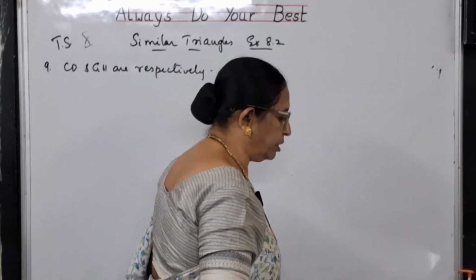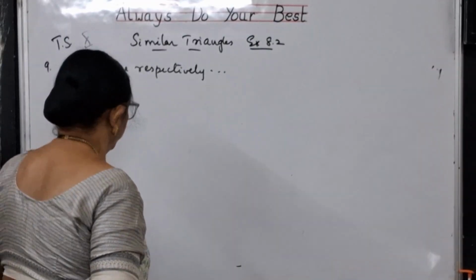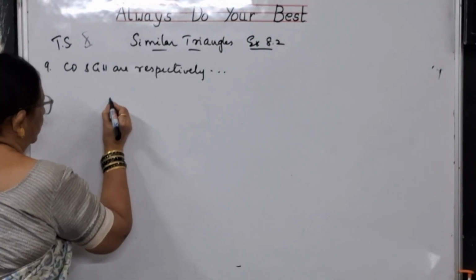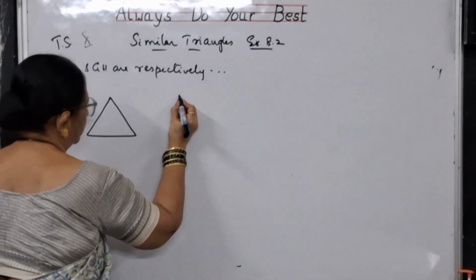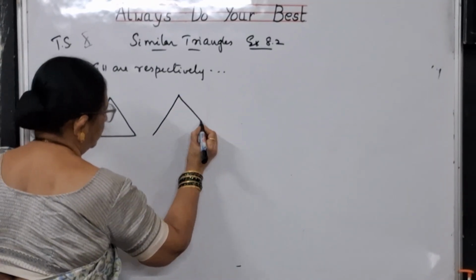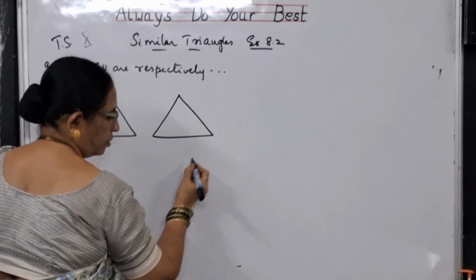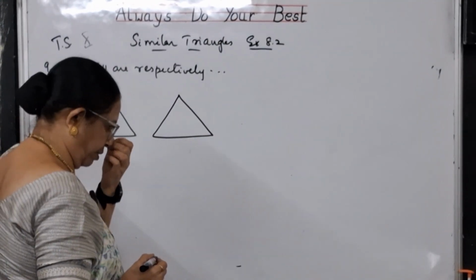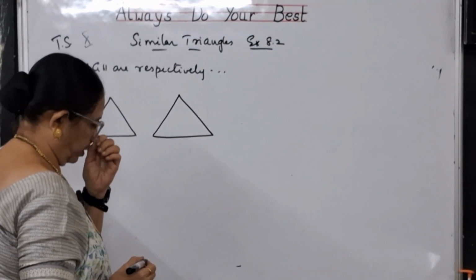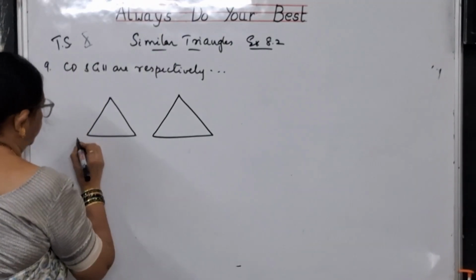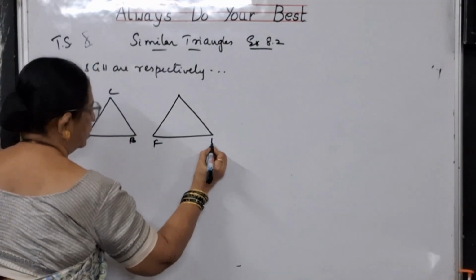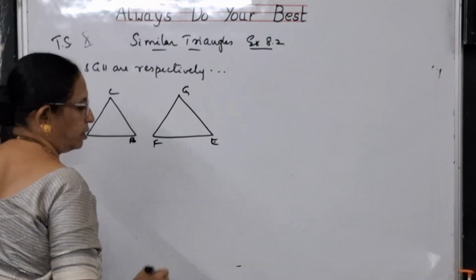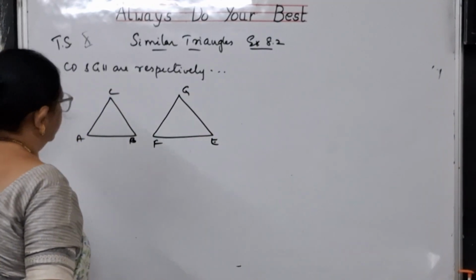It is nothing but two triangles are there. One is triangle ABC and another one is triangle FEG. These are the two triangles.